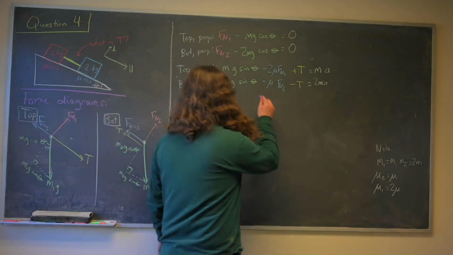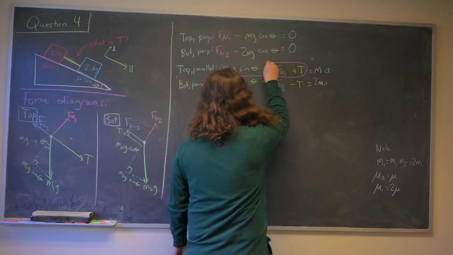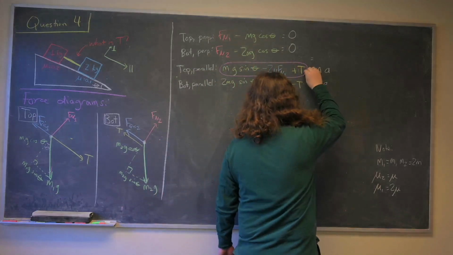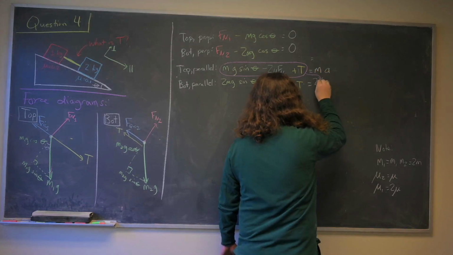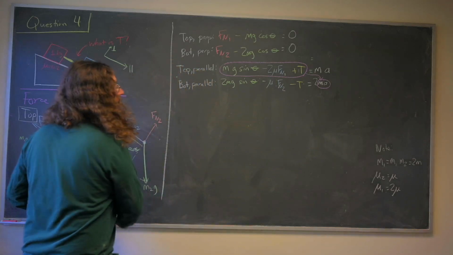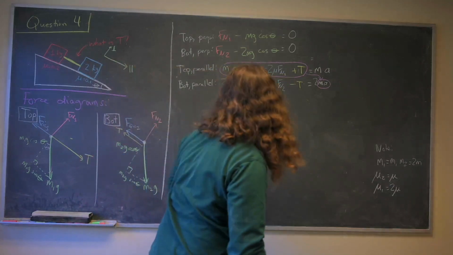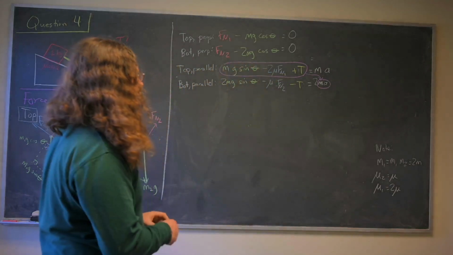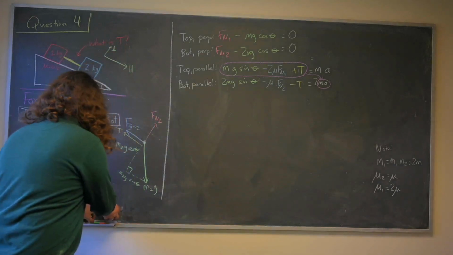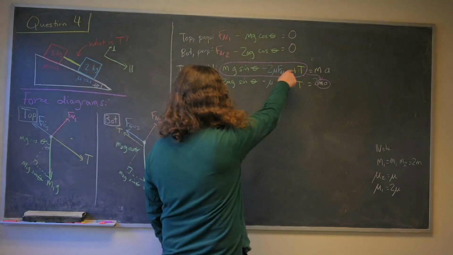So I can just take all of this stuff that equals ma and substitute it in for the expression ma. Now, we've got this 2 out front, so I need to multiply all these things by 2 when I do that. So I'm going to take the bottom equation and I'm going to equate it to 2 times that.